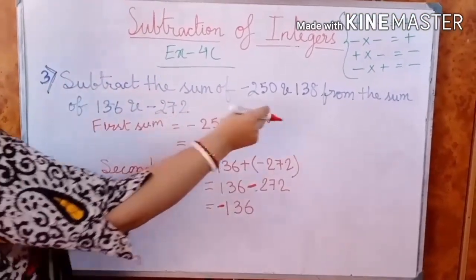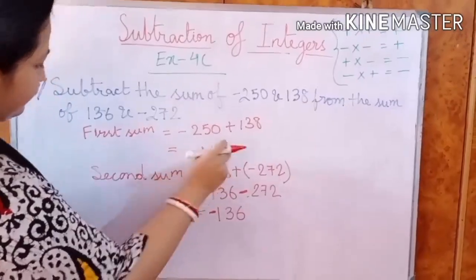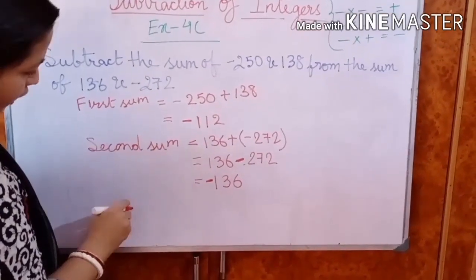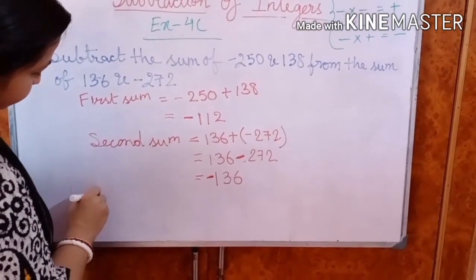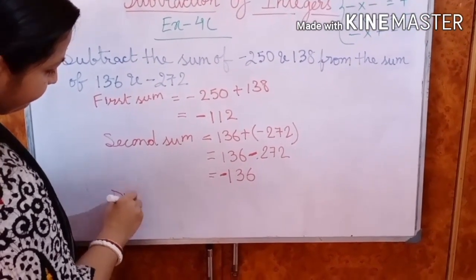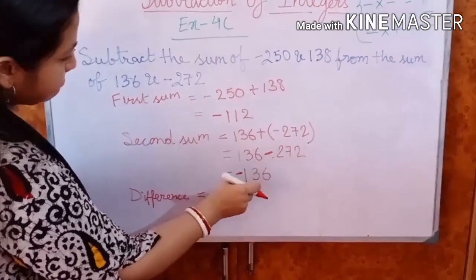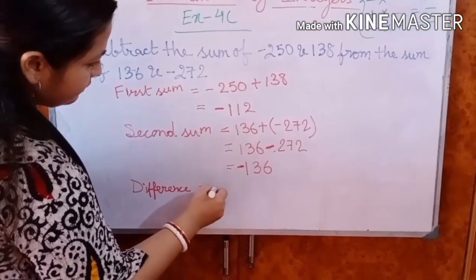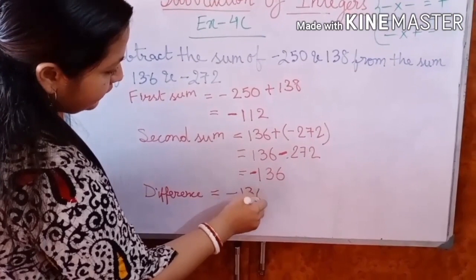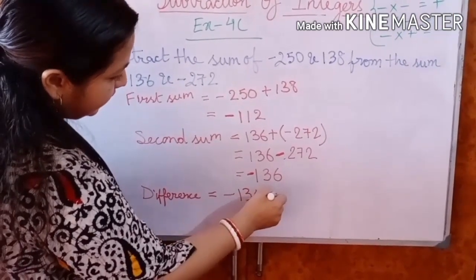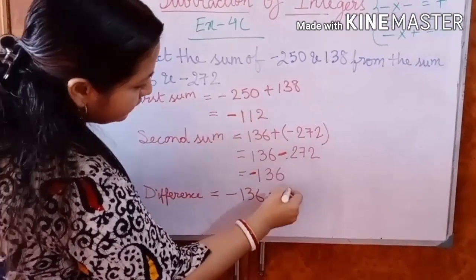Now we have to subtract this sum from this sum. So how you will write? Difference. Minus 136 minus, what is it?